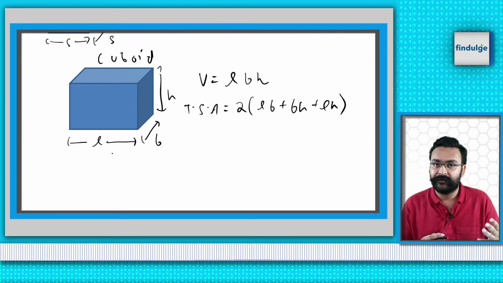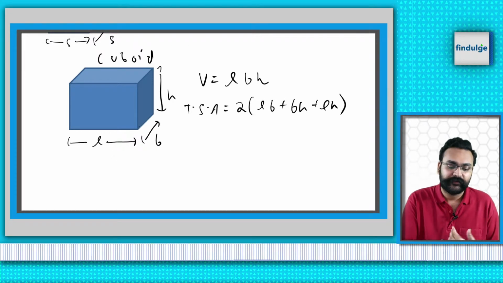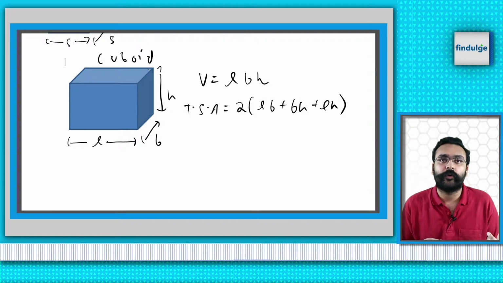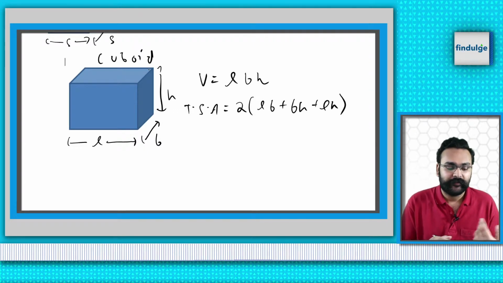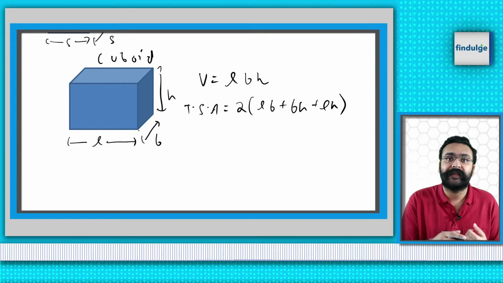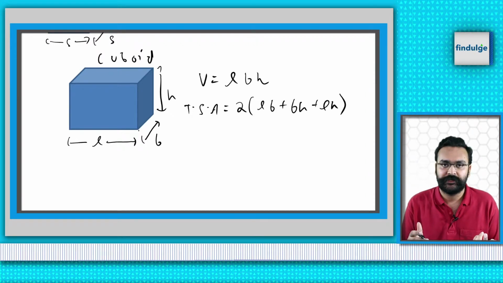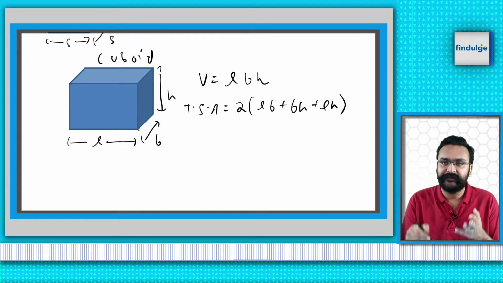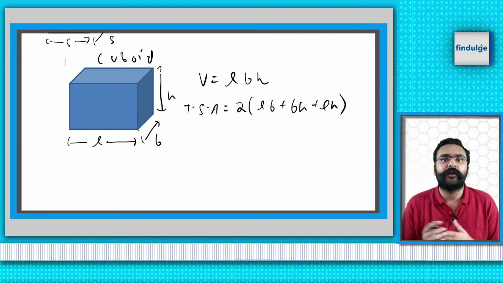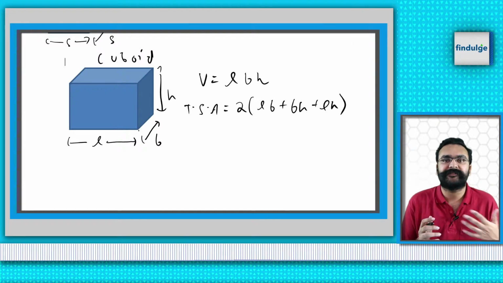So 2LB. Similarly, the face with the breadth and the height. BH, 2 of them, 2BH. Then also the front face, which is made up of the length and the height. So 2LH. And so when we add them together, we take common and this is what we get. So these are our 2 polygonal shapes that have edges, vertices and things like that.